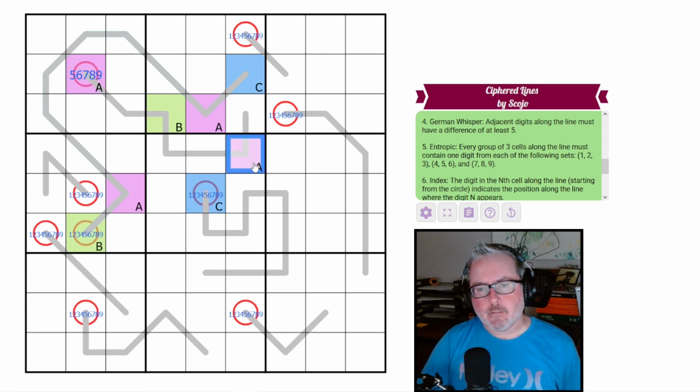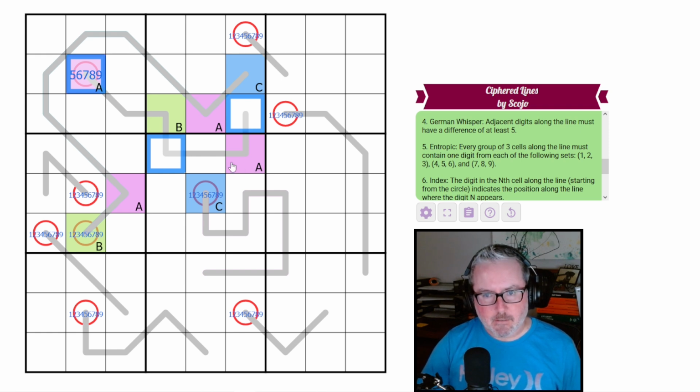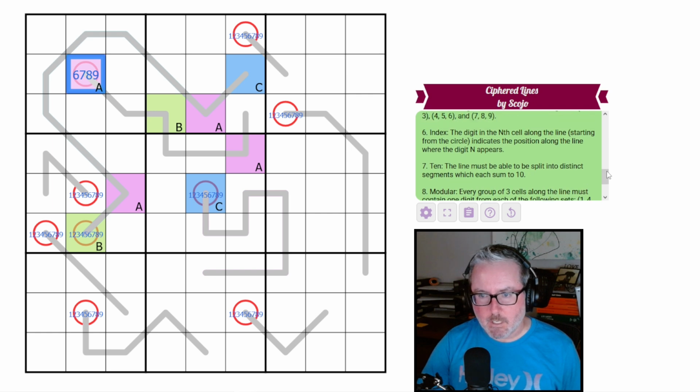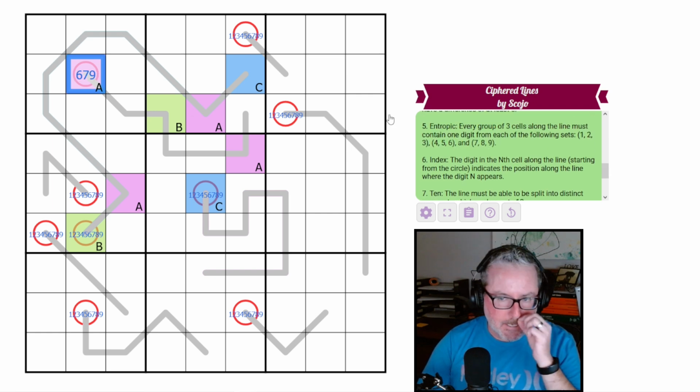Yeah, it does, because the A would be on the same group. So because the A isn't in one of these two places, it can't work, because you would have some grouping of 4, 5s, and 6s, but this would be a 5 as well and break the line. So this can't be entropic. I think the same will occur for the modular. Yeah, it's the same concept. This can't be 8 either.